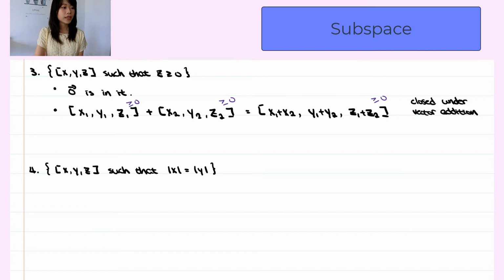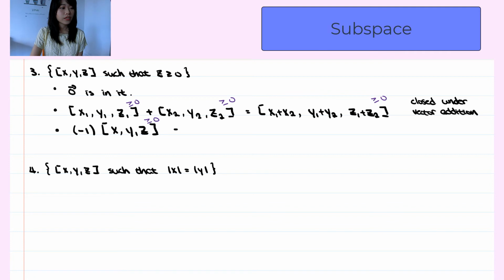How about the third condition? Is the vector closed under scalar multiplication? If it's closed under scalar multiplication, then if I multiply any scalar to the vector in the subset, the resultant vector should still be in the subset. How about if I multiply any vector in the subset by -1? So -1 times x, y, and c. And we know that this vector is in the subset, so c is greater than or equal to 0.